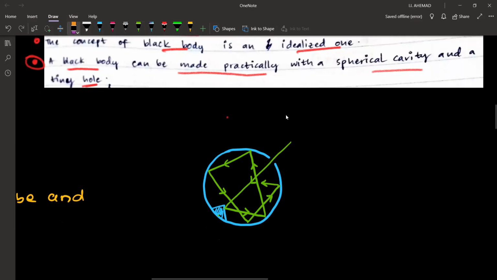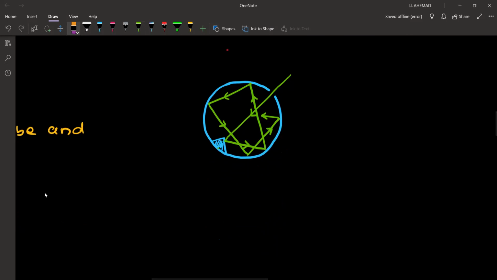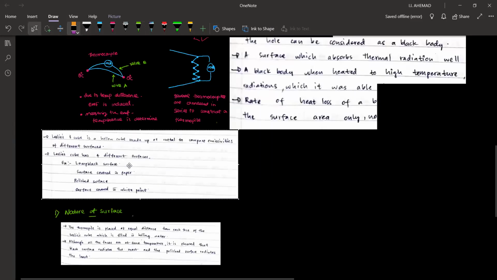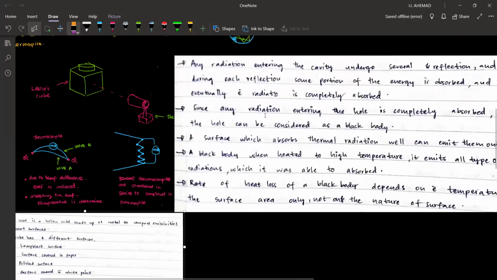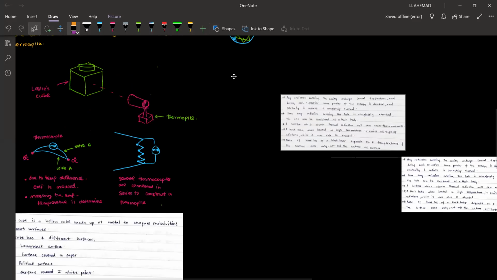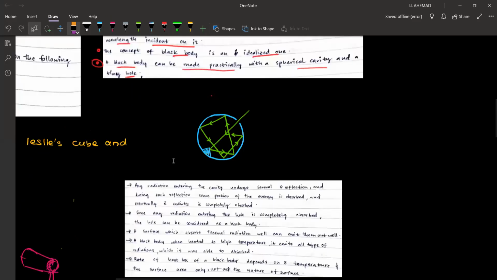Raja and Shahama, do you get it, or shall I explain once? Sometimes you might understand when writing this.